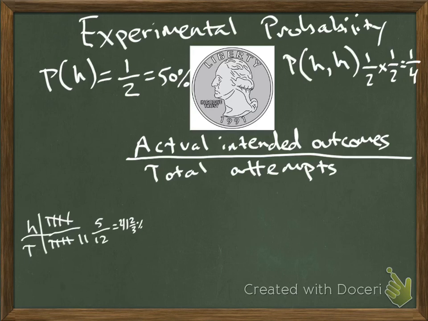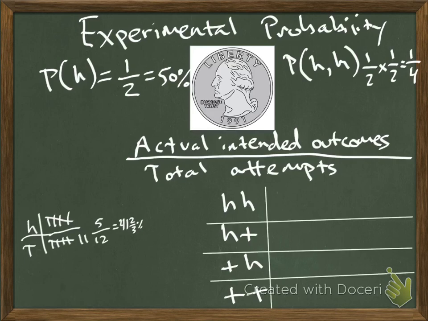In this case, I'm flipping 2 coins, so one possibility would be my intended outcome. That would be that I would land on heads and heads. Another possibility, I could possibly land on heads and then tails. Finally, I could land on tails and heads, noticing that that is a different outcome than what I had before. And I could also land on tails and tails.